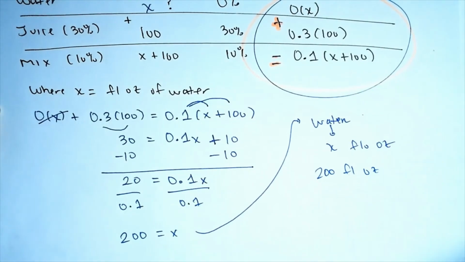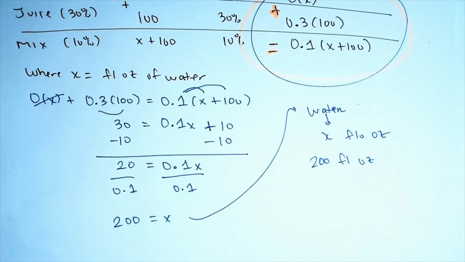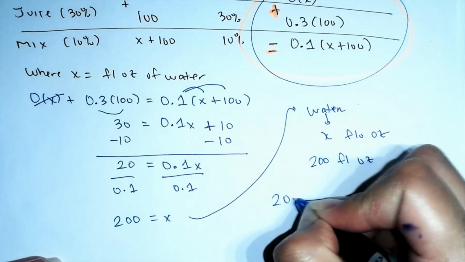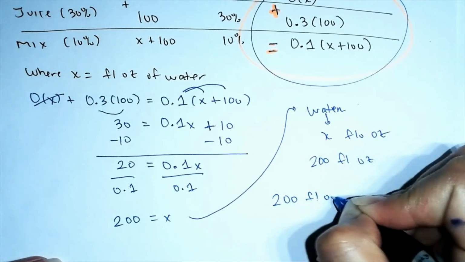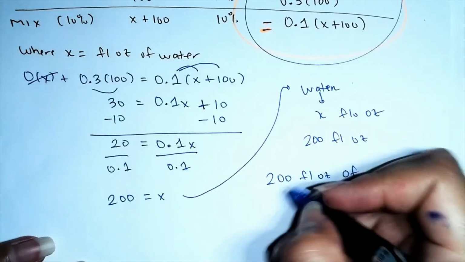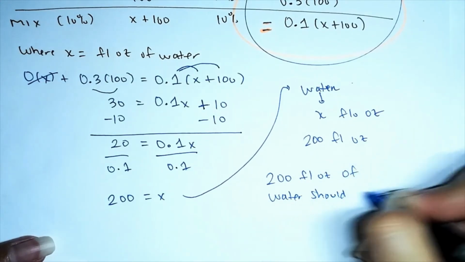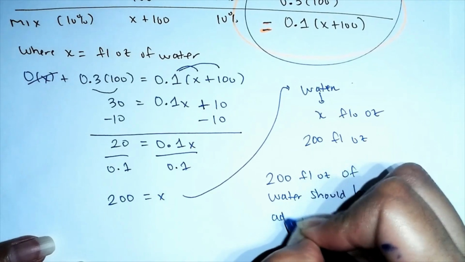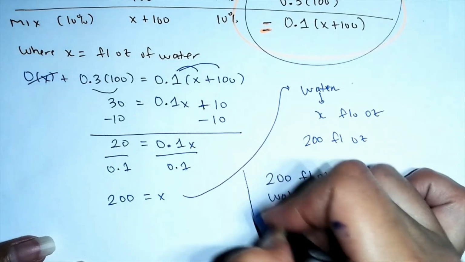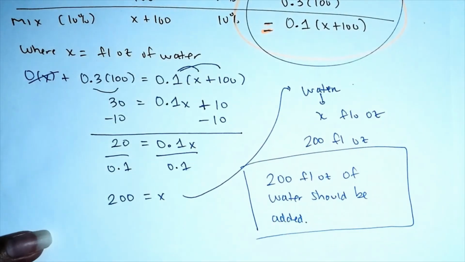So we need 200 fluid ounces of water. So I'm just gonna say, 200 fluid ounces of water should be added.